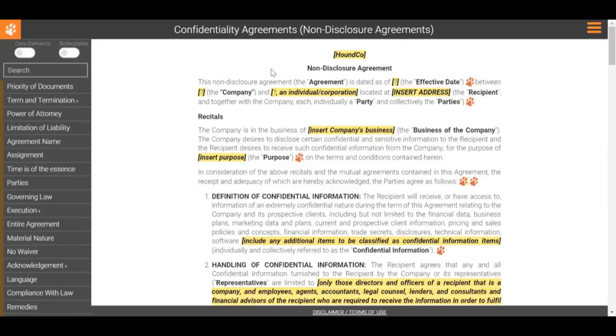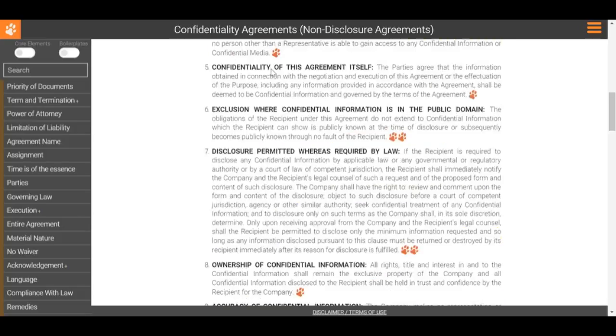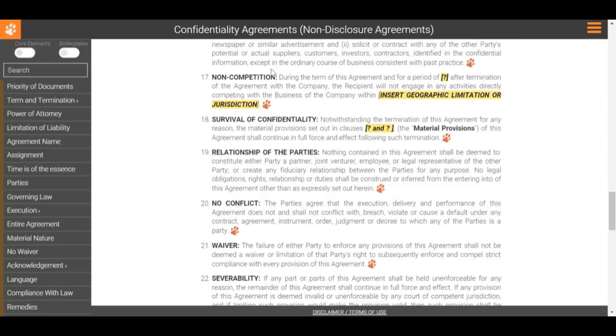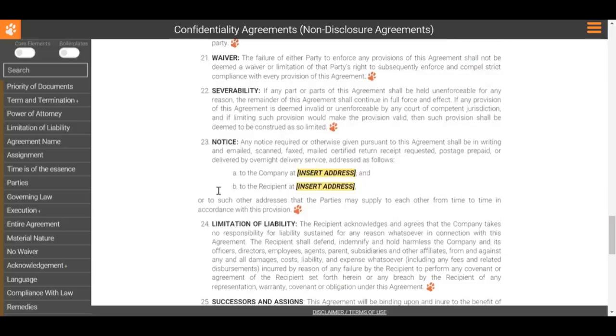The jurisdiction of governing law and of the forum for dispute resolution is hotly negotiated in all agreements, and a non-disclosure agreement is no different. Our sample contract includes language relating to jurisdiction.